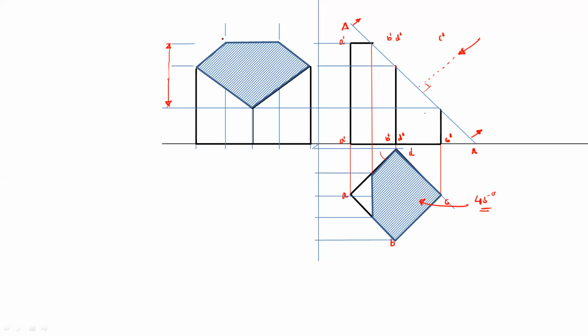This point is E, this is F, this is I, G and H. The distance EI in the side view is reduced compared to the length in the front view. This is the point E and this is the point I. This distance is more than the distance in the side view.